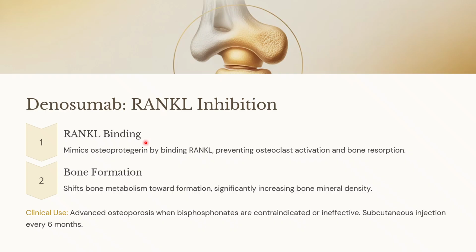But at times when osteoprotegerin is not present normally, then we give denosumab, such that the RANK ligand is targeted by the denosumab, therefore preventing osteoclast activation and bone resorption. This is helpful in advanced osteoporosis.